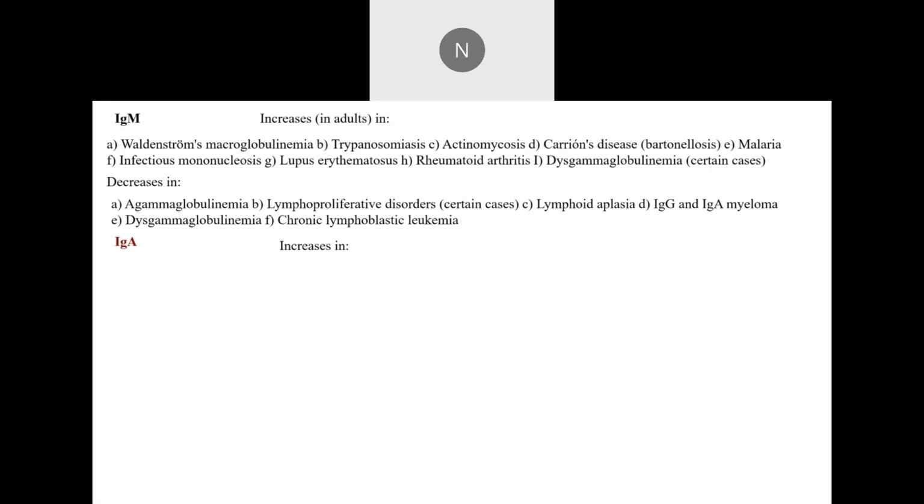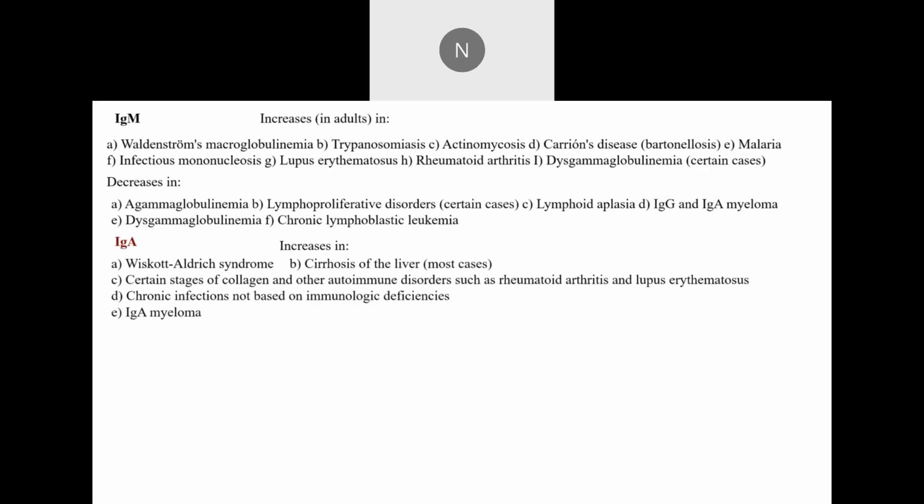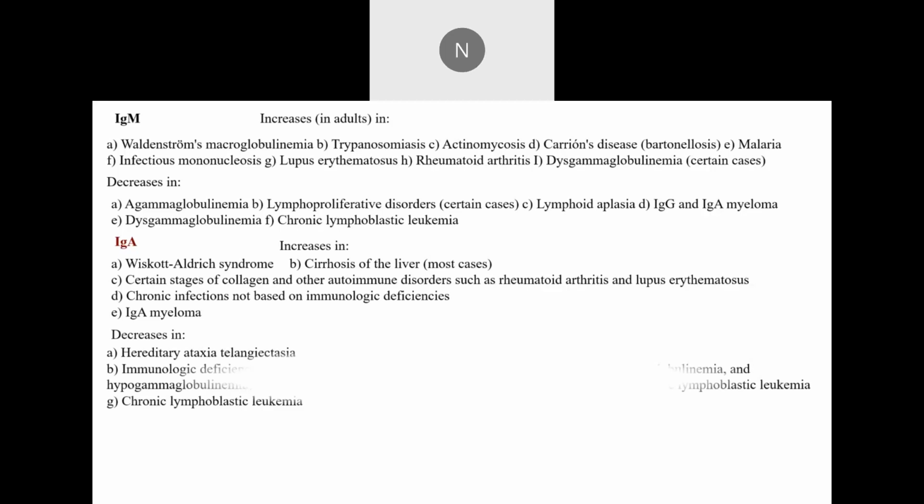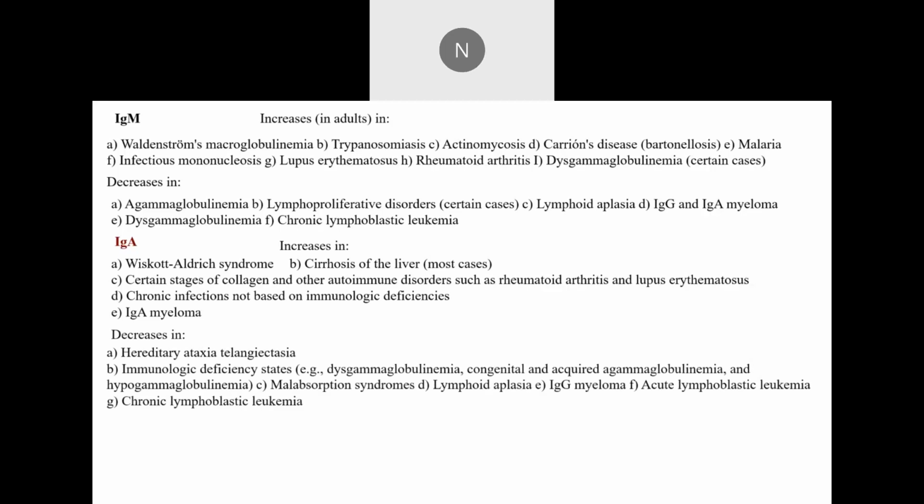And IgA increases in cirrhosis of the liver, a very common condition which we know, in certain stages of collagen and other autoimmune diseases like rheumatoid arthritis and lupus erythematosus, and in chronic infections not based on immunologic deficiencies. There is a condition called IgA myeloma where IgA increases. It decreases in hereditary ataxia telangiectasia, immunodeficiency syndromes, and chronic lymphoblastic leukemia.